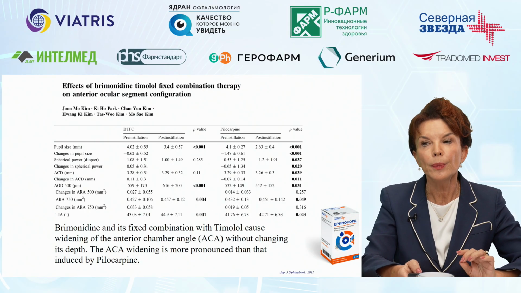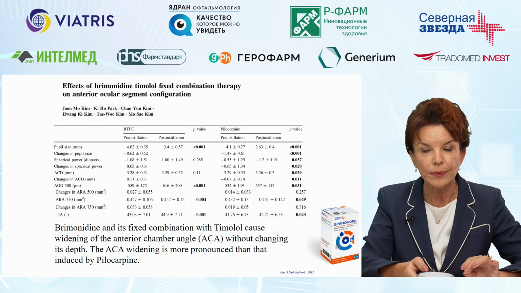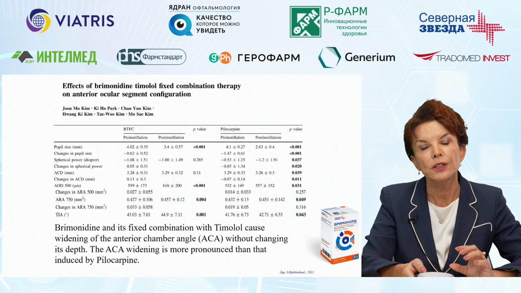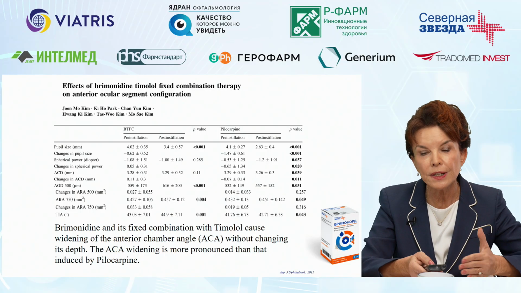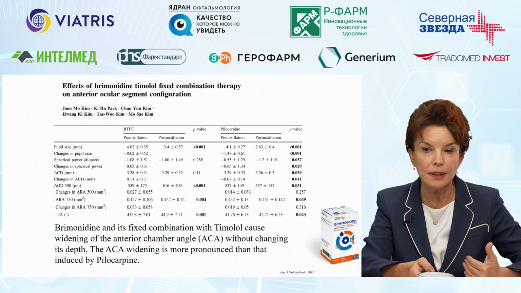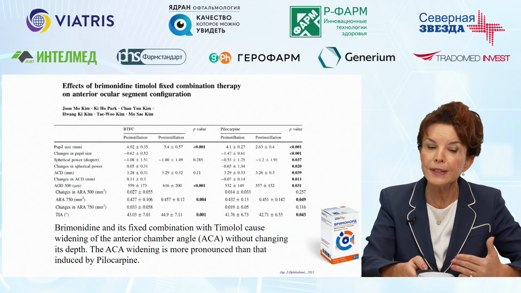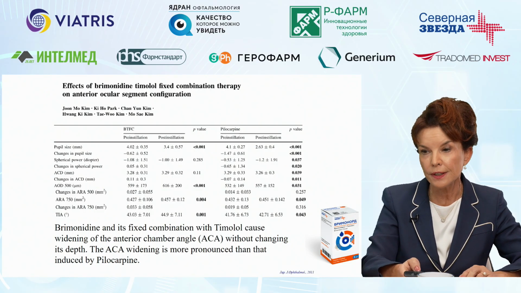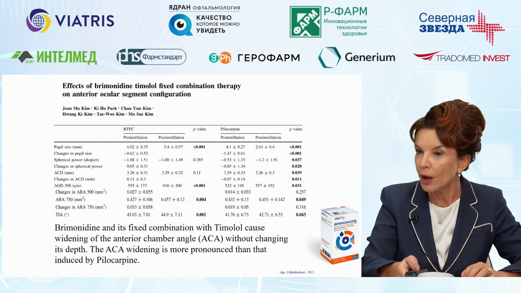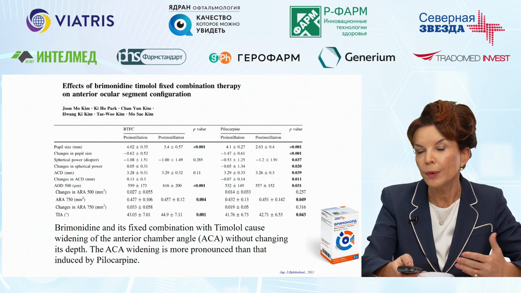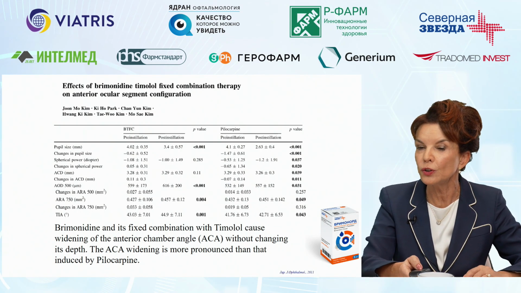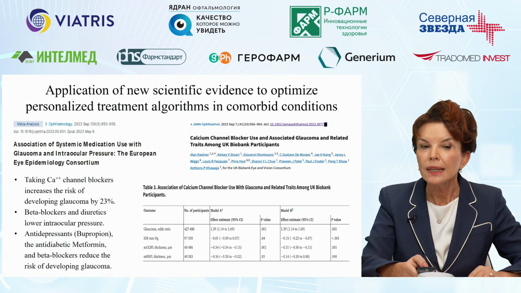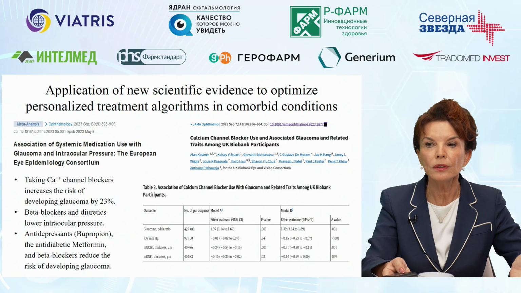Cheverner Zvezda is the manufacturer, and here is another study showing the effects of brimonidine, which is much better than valcartin, and it expands the angle of the anterior chamber and can be recommended in its fixed combinations with timolol, for example, Brimonide, which is a new drug. Please pay attention to this medication.